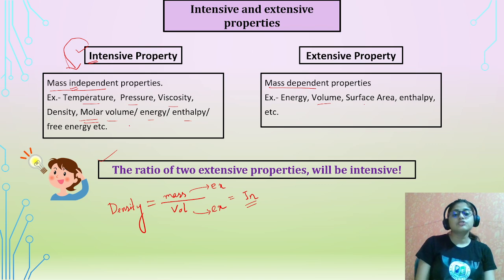Let's say the volume of the system is given and we want the molar volume of that system. We take the volume for 1 mole of substance, Vm, and that will be the molar volume.